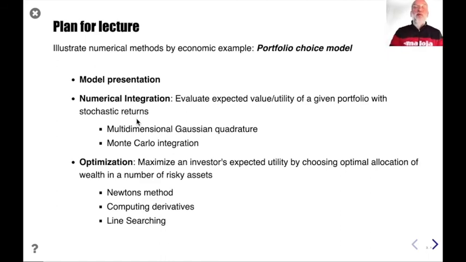First we set up the objective function as a function of the portfolio shares, and then we'll try to maximize that expected utility with respect to the portfolio shares, and we'll use Newton's methods. We'll talk a little bit about the importance of supplying derivatives analytically to the numerical maximization routine, Newton's method, and talk a little bit about line searching and other things.